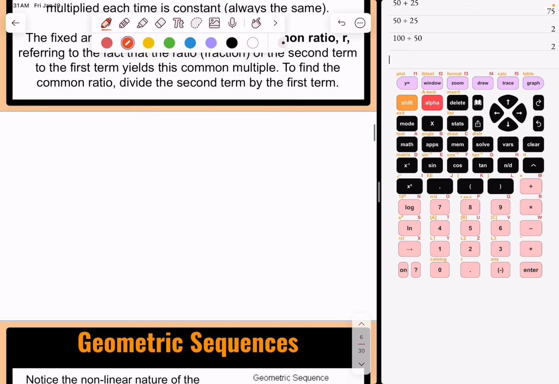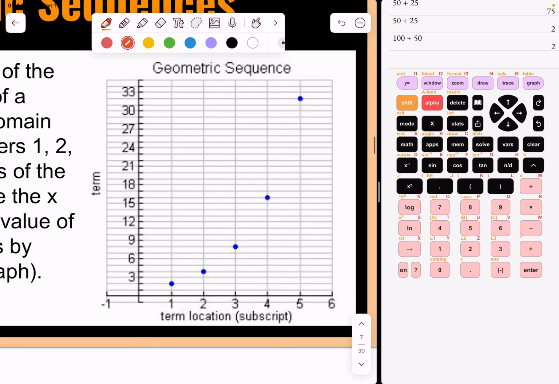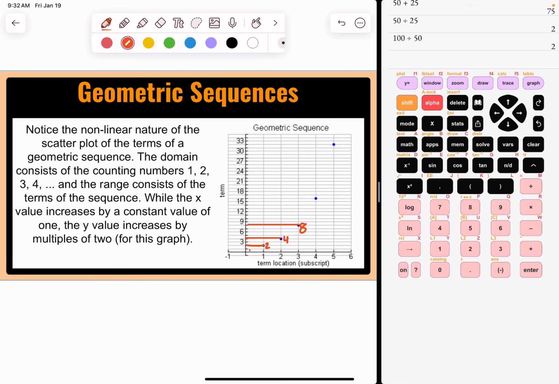Geometric sequences are not linear because they do not form a perfectly straight line. If we look at this scatter plot over here, where term 1 is 2, and term 2 is 4, and term 3 is 8, and so on and so forth, we will see it doesn't follow a straight line, but rather it follows this curve-looking shape.